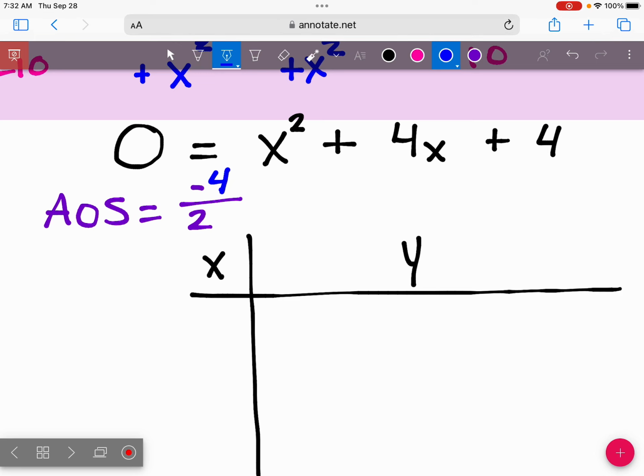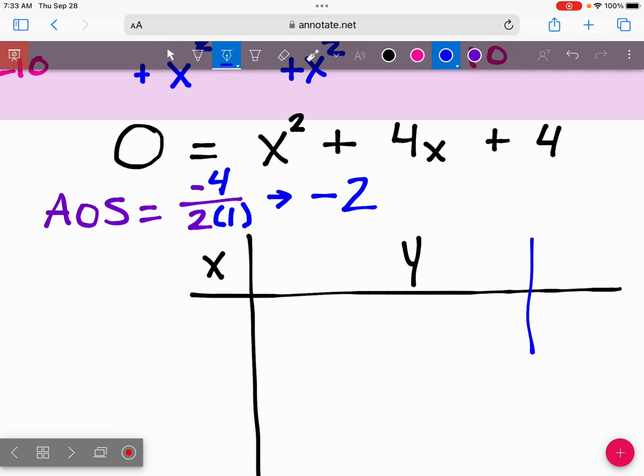What's our a? It's 1, because it's the number in front of my x squared. If there's nothing written there and it's multiplied, it's a 1. So negative 4 divided by 2 is negative 2.